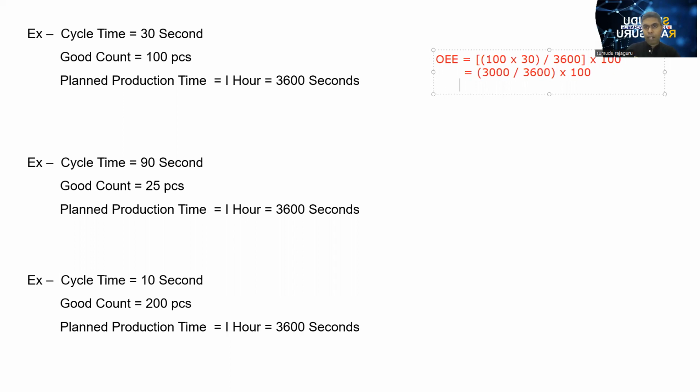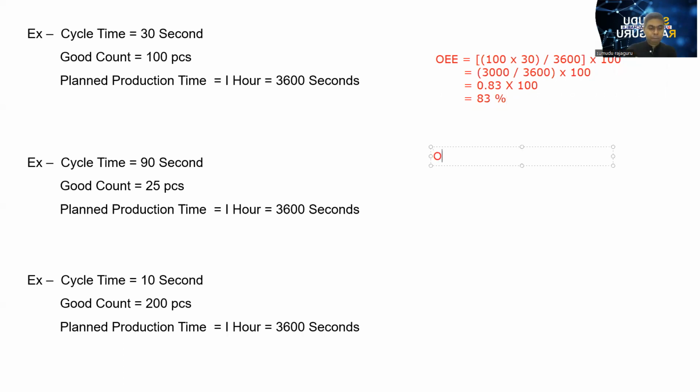So what is the answer? 3,000 divided by 3,600 is 0.83, into 100, that means OEE equals 83%. We'll see the next question.